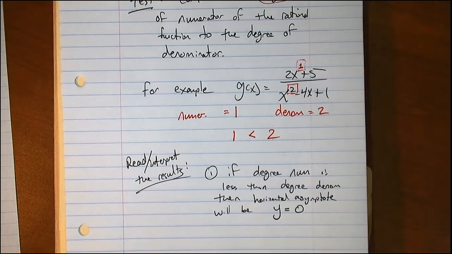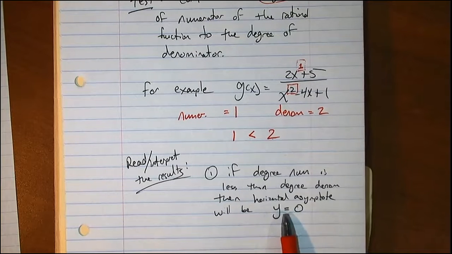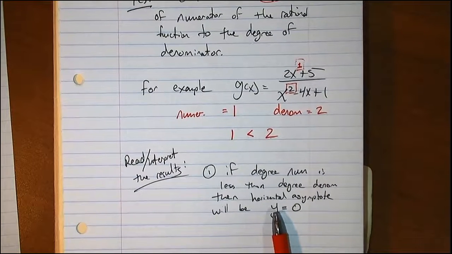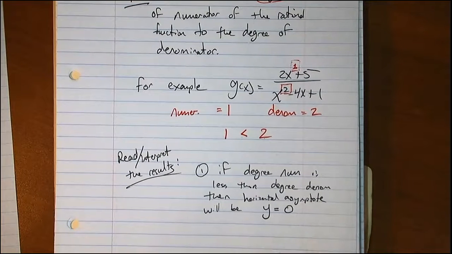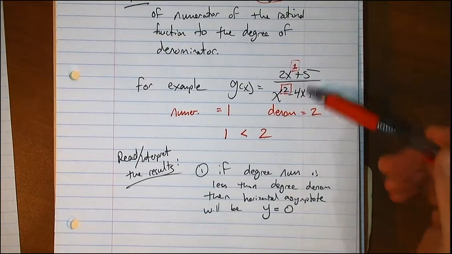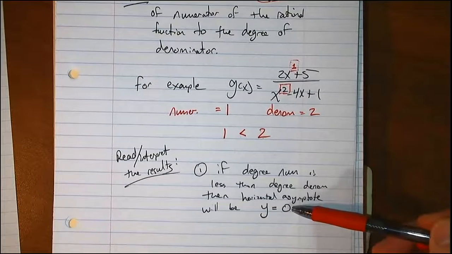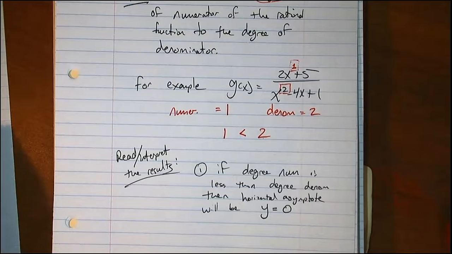Remember, horizontal lines also have equations, and the equations of horizontal lines always look like y equals a number. That's exactly what I have here. Specifically, in this case, that's the equation of the x-axis, the horizontal line where y equals 0. So this particular function has this for its horizontal asymptote.